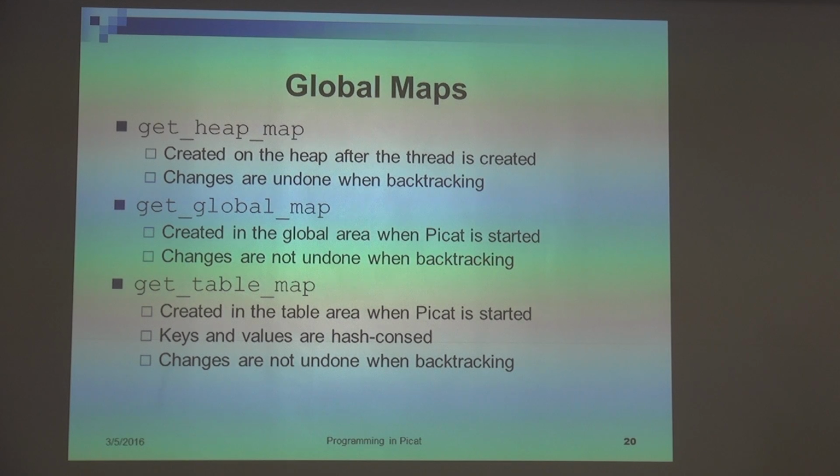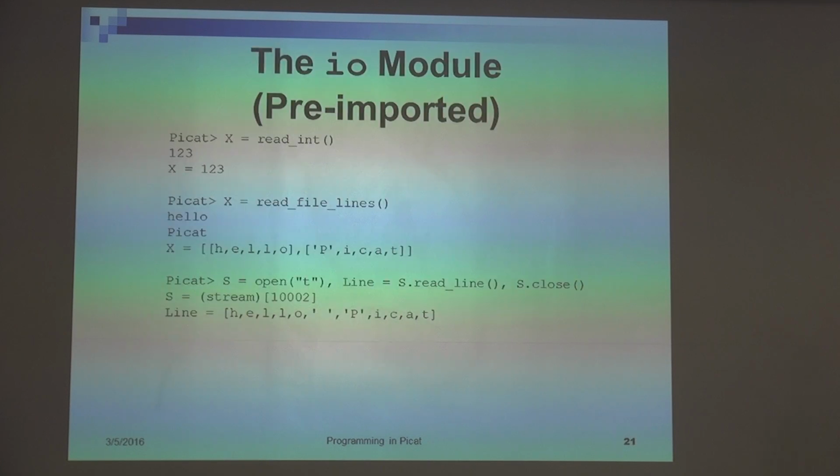This is another feature. Table maps, all the keys and values are hash consed. That means if you have a component, if it is the same, then it is only tabled once. This is good for certain applications where you don't want to duplicate the data.